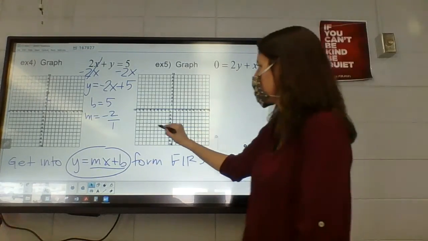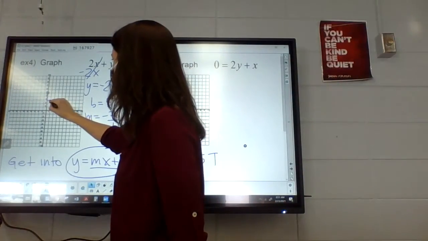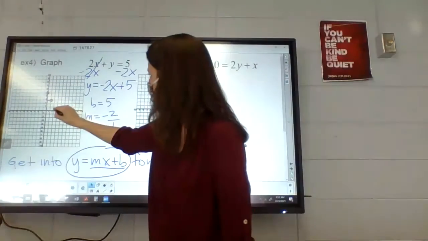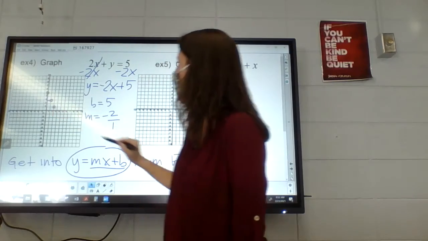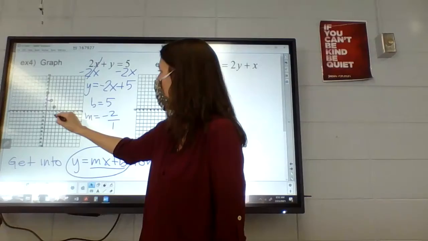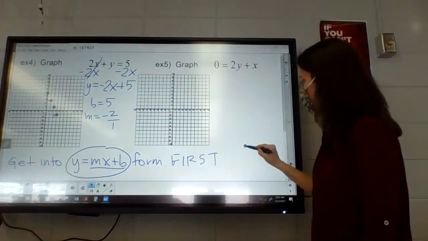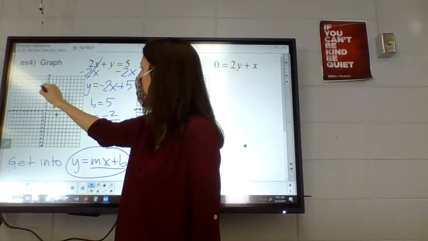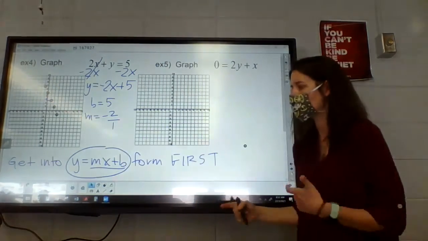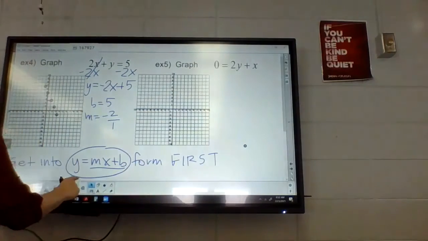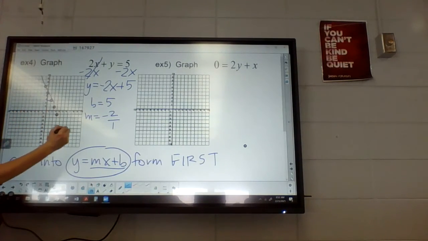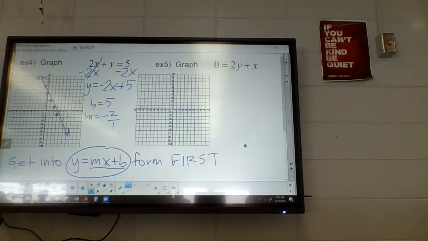So it's a negative slope, going downhill. And again, you can reverse it and go the other direction, up 2 over 1. It should always form a straight line with these. If it doesn't form a straight line, you've done something wrong. And I do like to see quite a few dots because it doesn't take much work to do those dots.